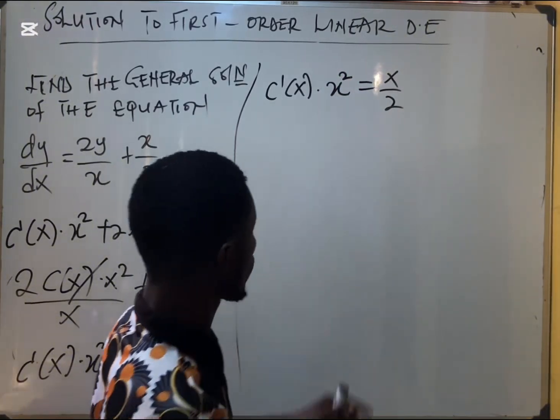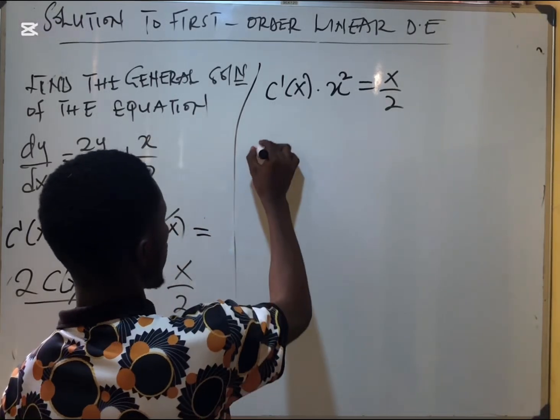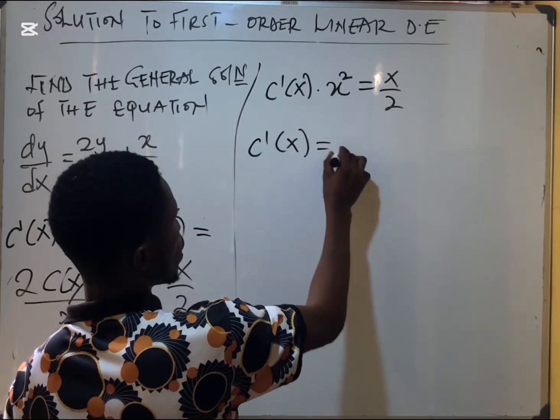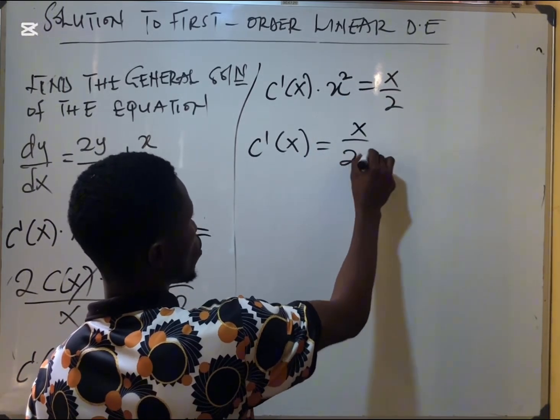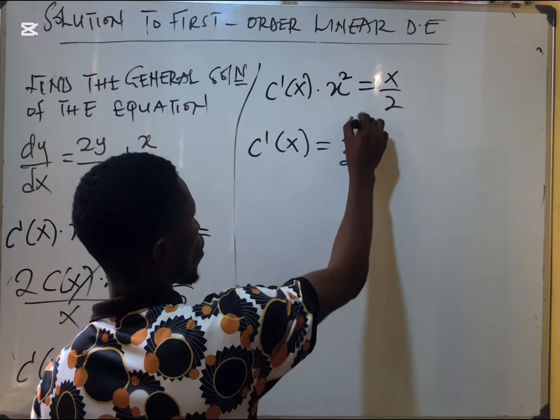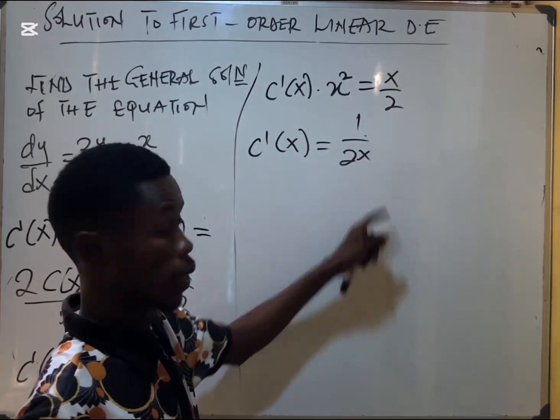So now that we have this, we divide both sides by x squared. When you do that, I have c prime of x equals 1 over 2x, because one of the x will cancel, leaving 1 over x.